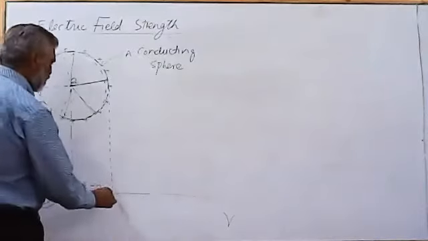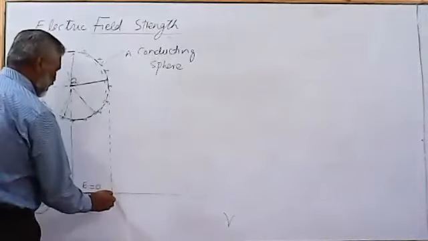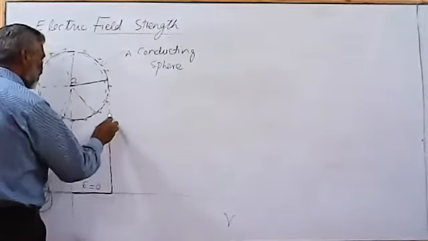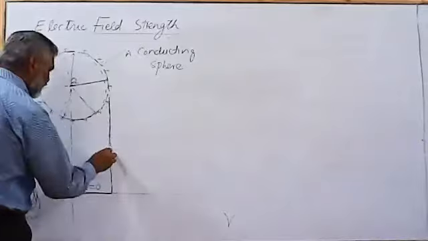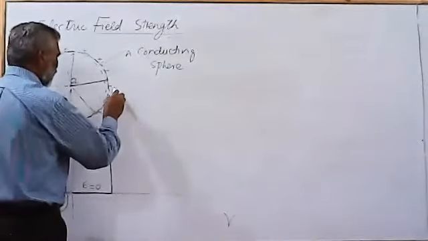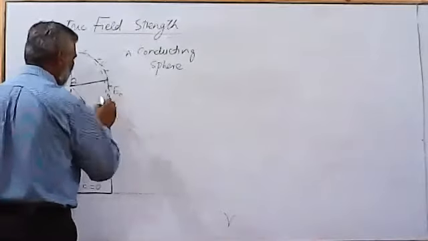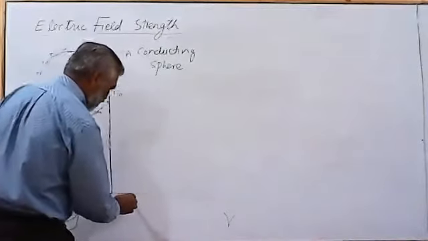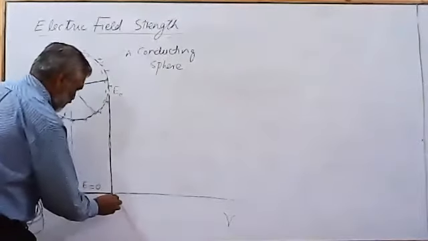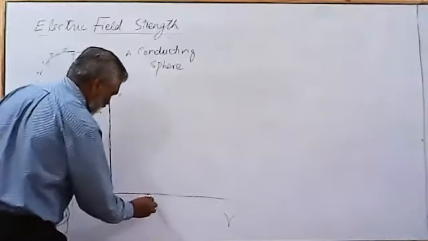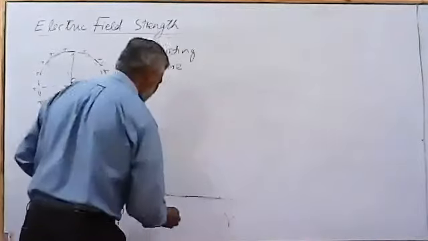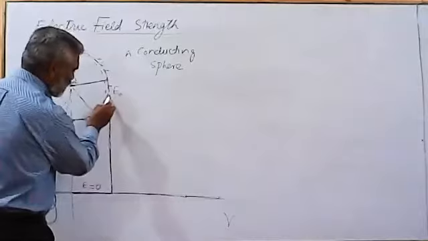But at the surface of it, it rises to that maximum value that depends on the amount of charge you give it. Let's assume this is the maximum value here, and we denote it by E naught. But as you move further away from it, if this is the radius, and this is 2 times the radius, this is 3 times the radius, this is 4 times the radius, it drops in this manner.